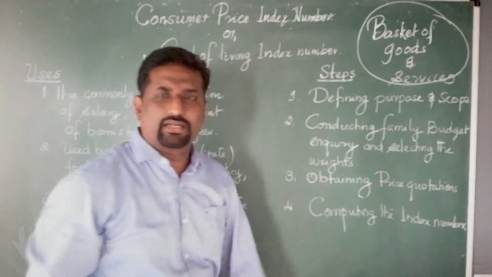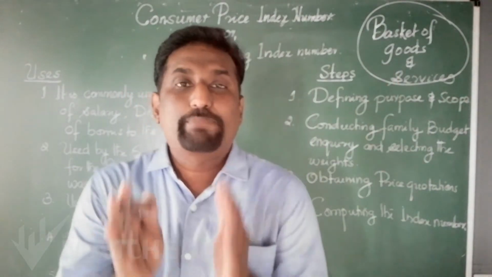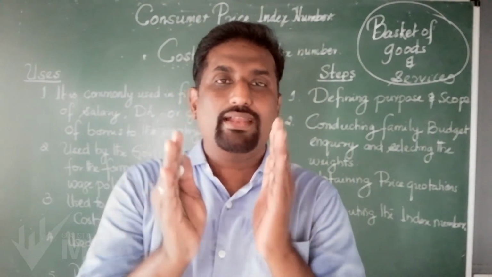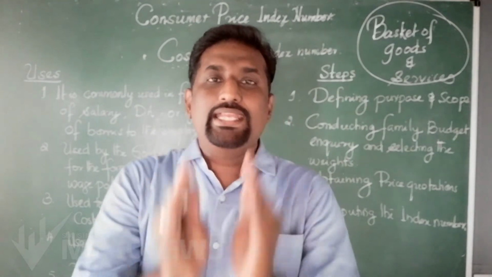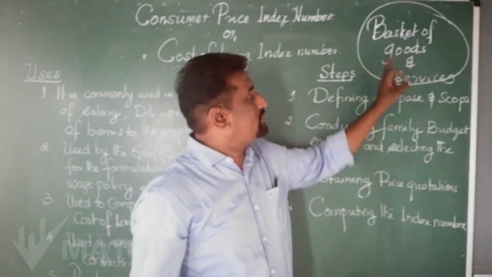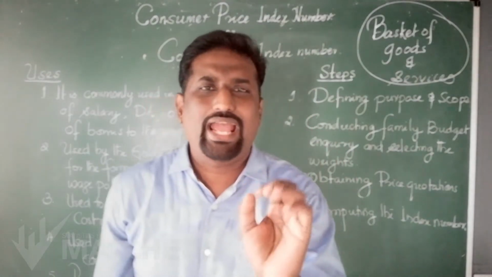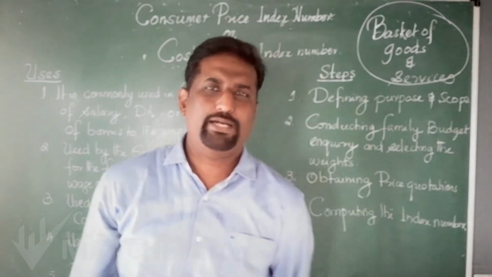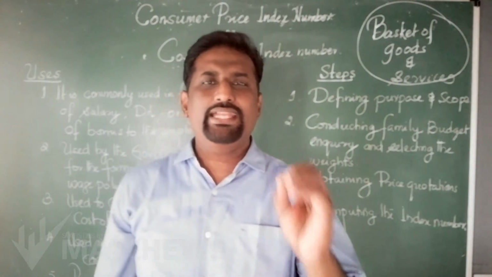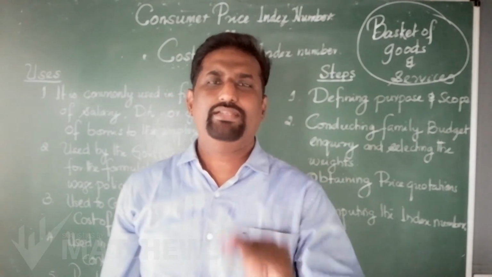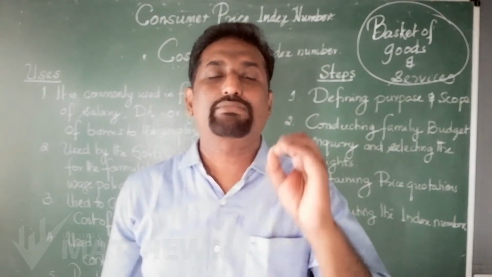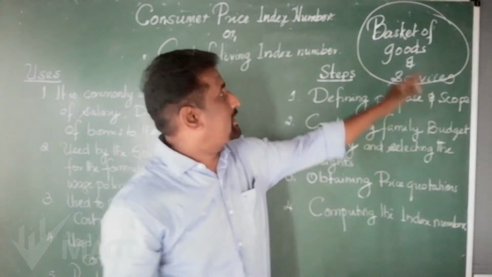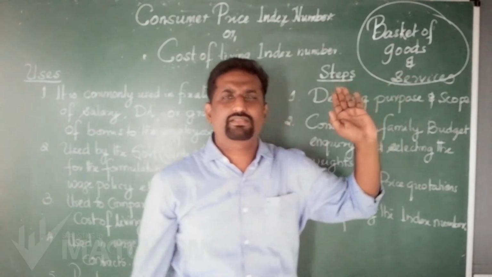The cost incurred or met by a specified class of consumers in buying a basket of goods and services is called the consumer price index number or cost of living index number. Again I would like to repeat: the cost of living index number is the cost met by a specified class of consumers in buying a basket of goods and services.